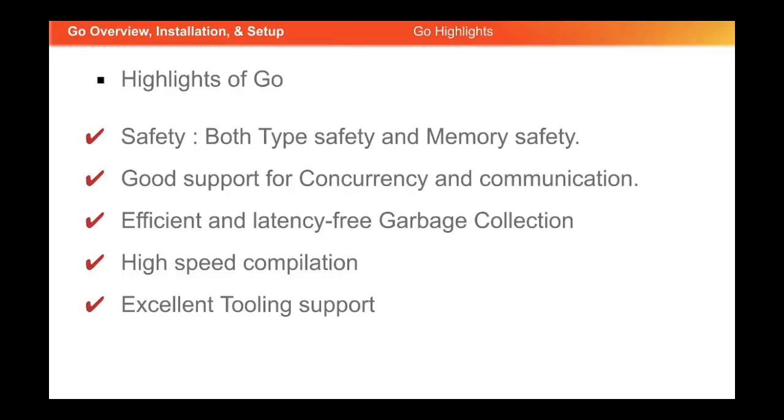And it's very easy to communicate between those things that are trying to do two things at once. There's latency-free garbage collection. Again, as I said in the last slide, the speed of compilation is very fast. So you can write something in the language, compile it, and test it very quickly. And the built-in tool belt that comes with Go is really comprehensive. It's really great.